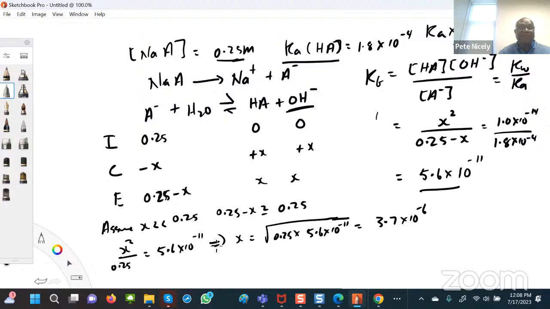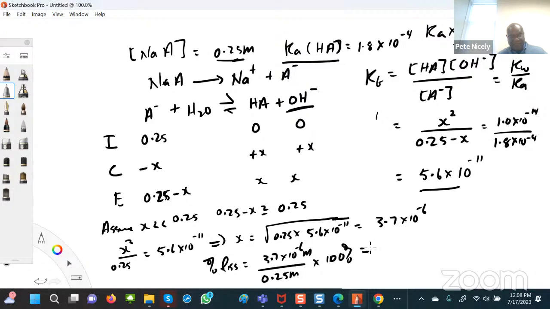And we can go on to find the percent dissociation, which would be equal to 3.7 times 10 to the minus 6 M divided by the initial concentration, which is 0.25 M. And I'm quite sure this would be less than 5%.